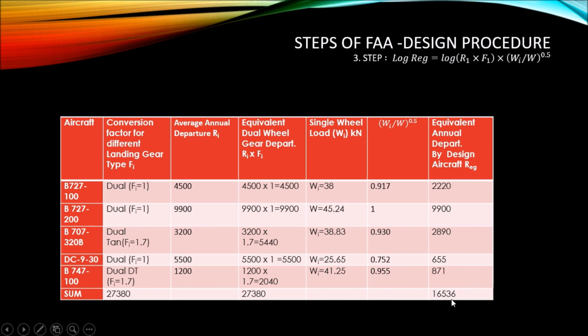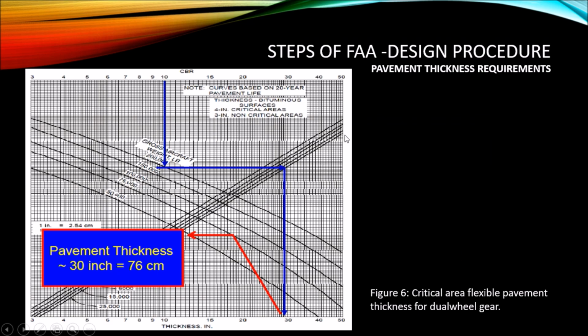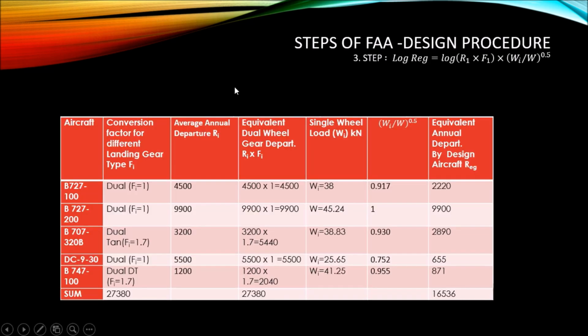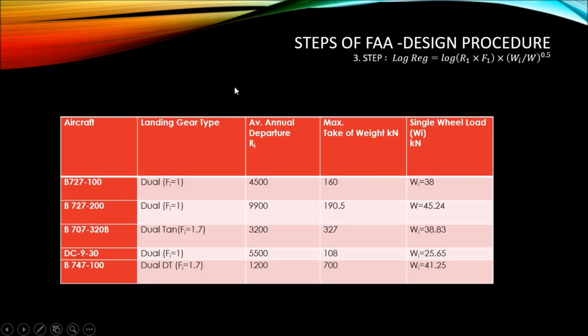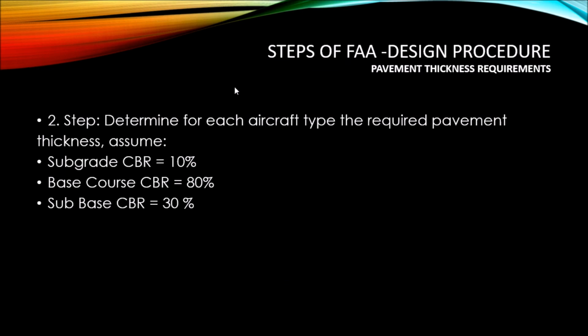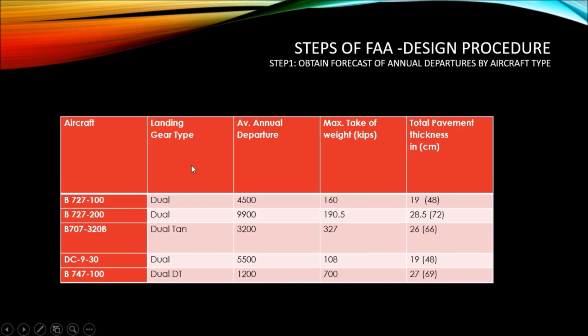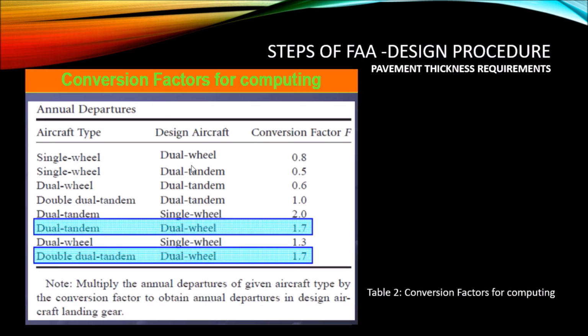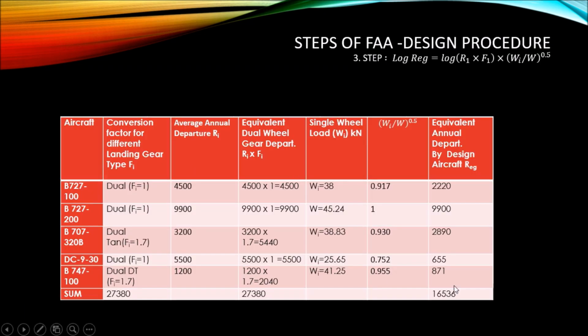Once you've been able to fill up this table and get this total, you pick up this value you have here and then go to the graph, because we have a CBR. We are given the initial CBR value from our question. You can see the subgrade CBR is 10%. With the value we've gotten on the table, the total equivalent annual departure by design aircraft, we sum all of them together, we have this.